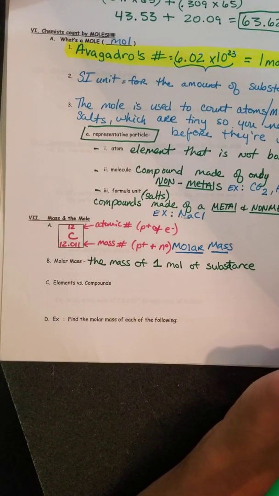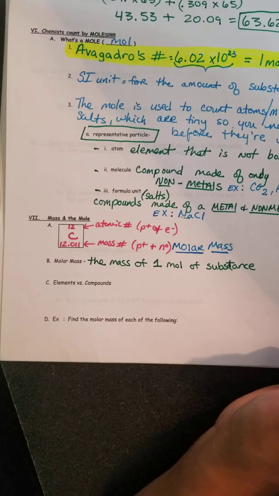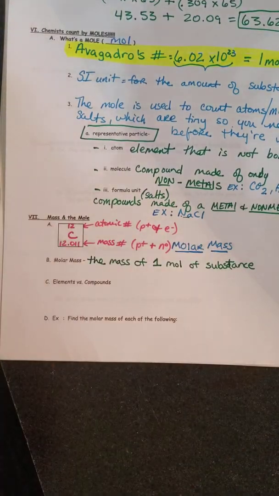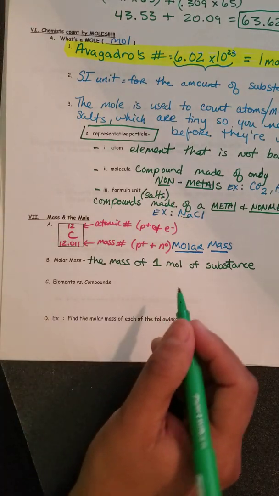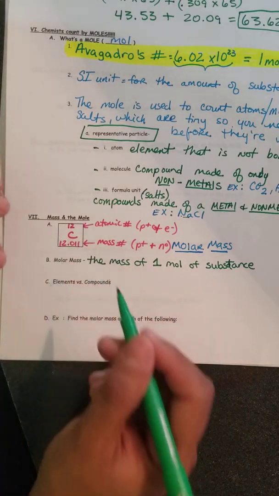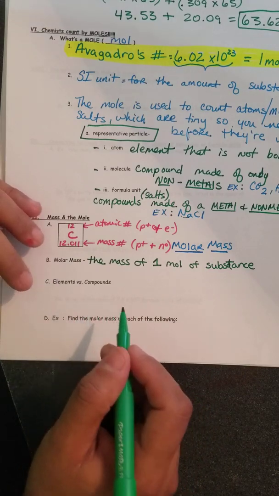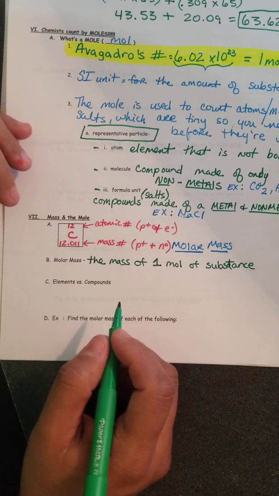Why? Because it's a compound, and everything that we have is bonded together, right? So it's not going to be just that number. Now, elements versus compounds when it comes to molar mass. Alrighty?